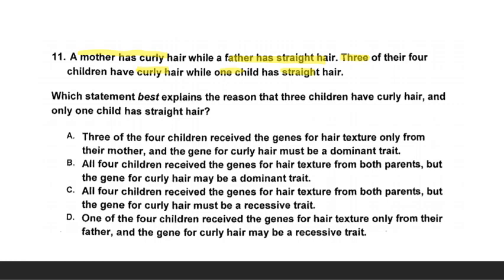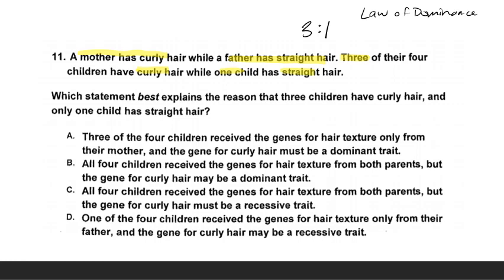So this brings us back to, if we look at our ratio here, we have a 3-to-1 ratio. And when we have a 3-to-1 ratio, that's usually a good example of the law of dominance, which states that if a genotype has at least one dominant allele, it will show the dominant trait.